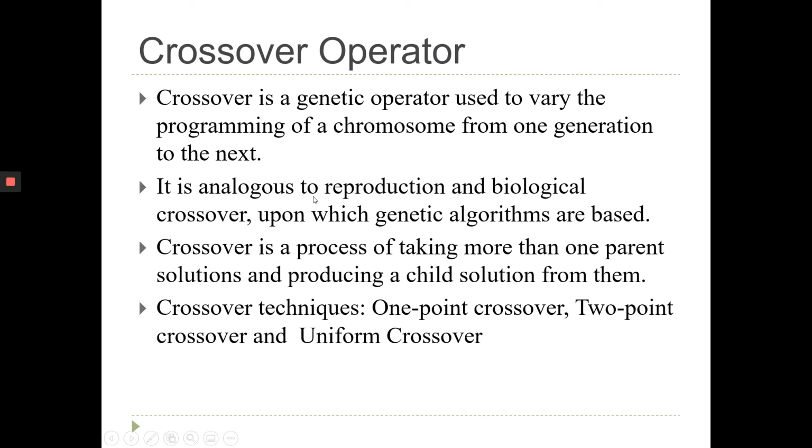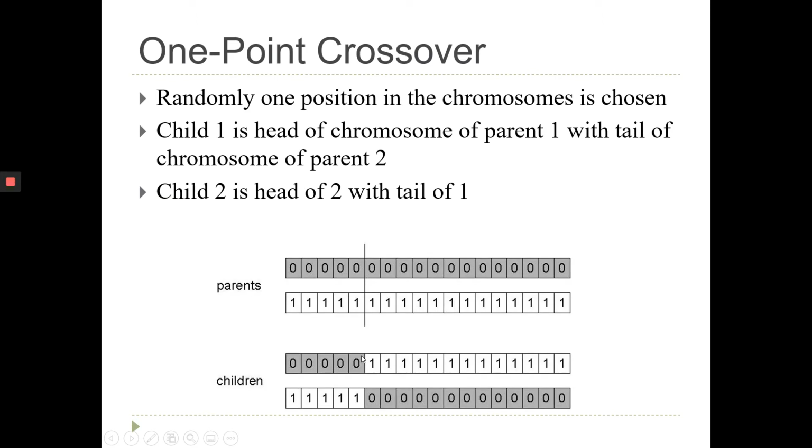It is analogous to reproduction's biological crossover, upon which genetic algorithms are based. Crossover is a process of taking more than one parent to generate new solutions. We call them child solutions. As we said, there are techniques: 1-point crossover, 2-point crossover, or uniform crossover.